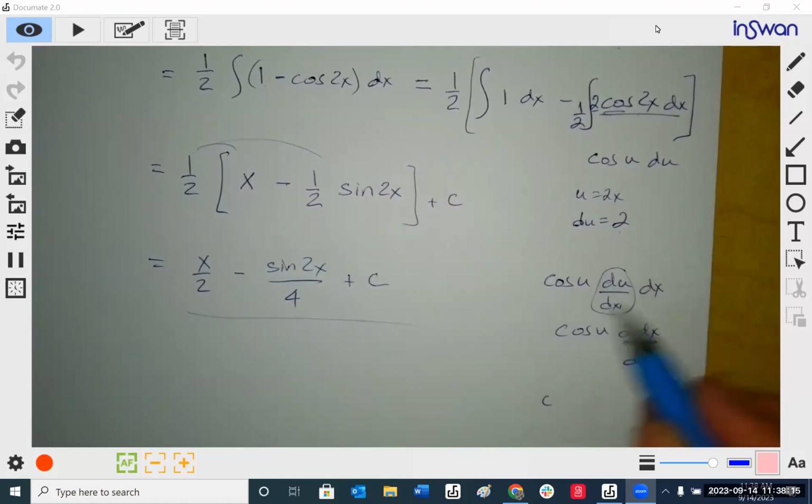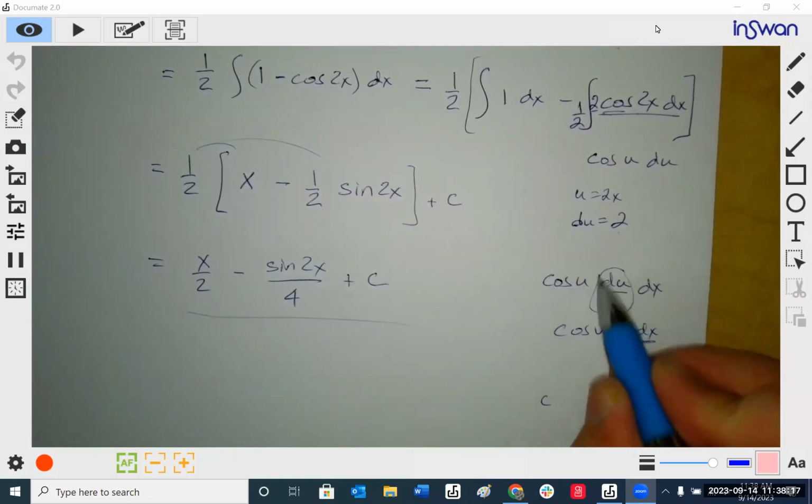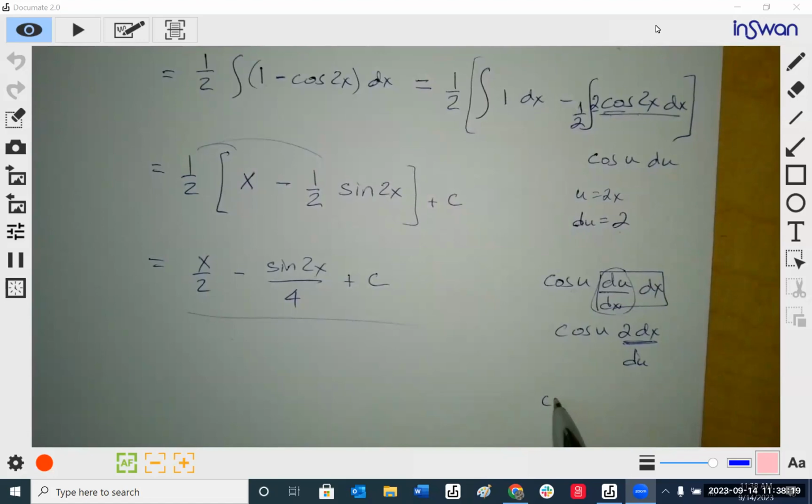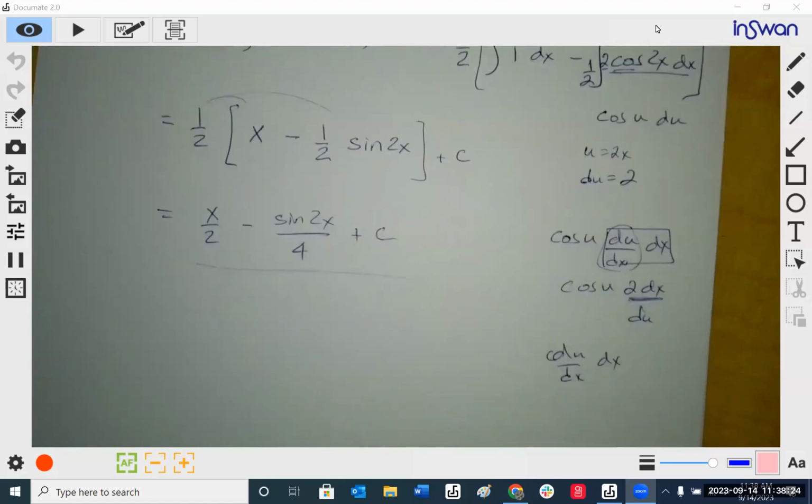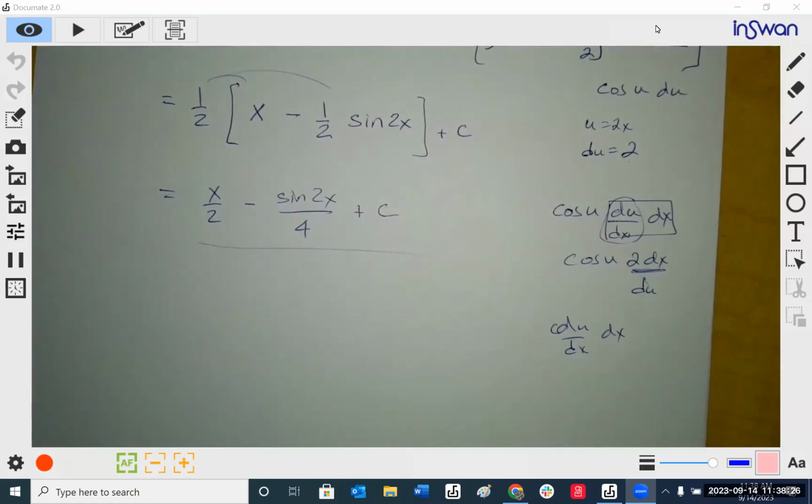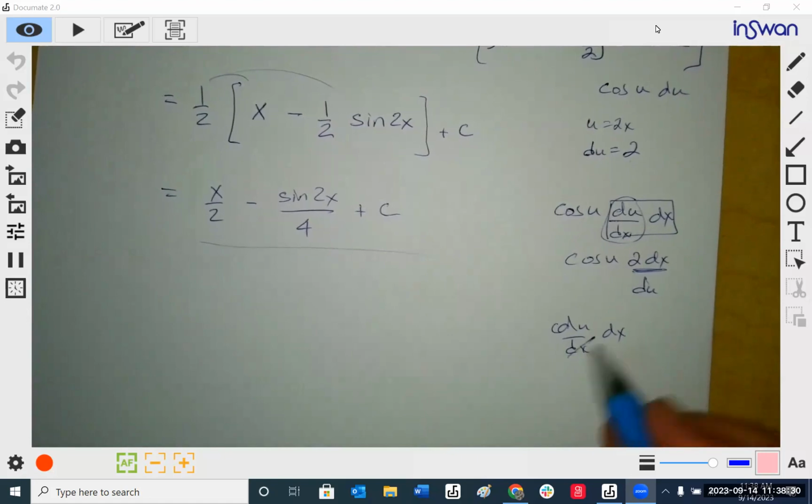Earlier, we went through the whole thing here: du with respect to dx times dx. On a very basic algebra level, the dx's cancel. So that's the same thing as just saying du.